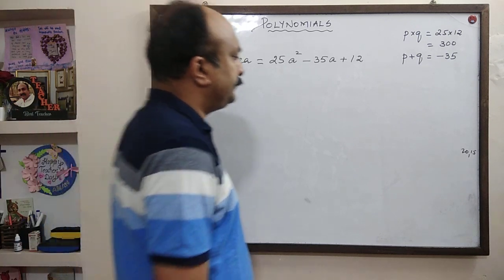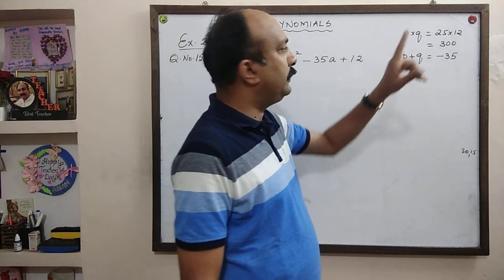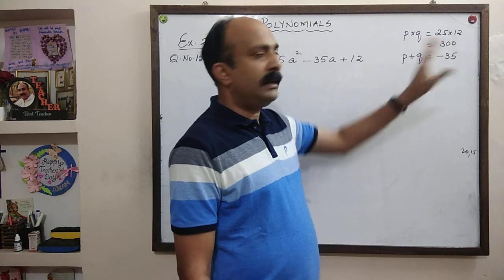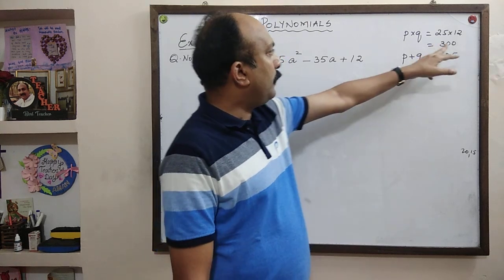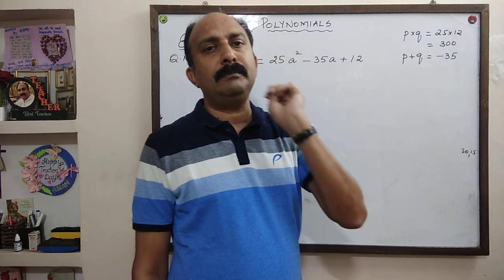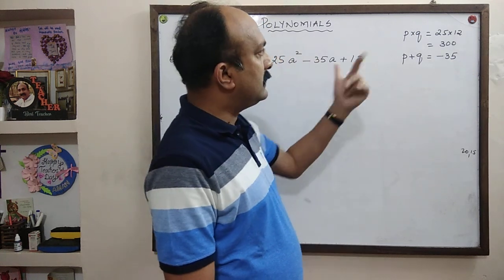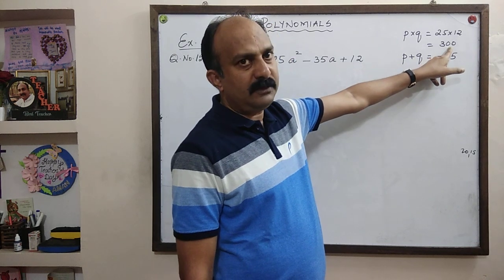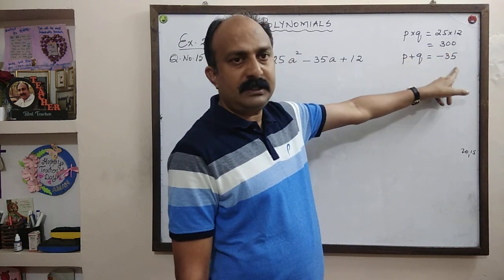So listen, here the product of the two numbers is 300 and the sum is minus 35. Product is plus and sum is minus. Remember, both the numbers will be minus, because minus into minus is plus, minus plus minus is minus.